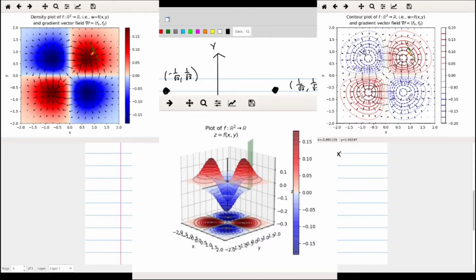But if you find a point where the gradient vector is pointing in towards the point, for all points around the critical point, that's a local maximum. And a saddle point is when you have regions where the gradient vector is pointing into the point, but also other regions around the point where it's pointing away from the point.